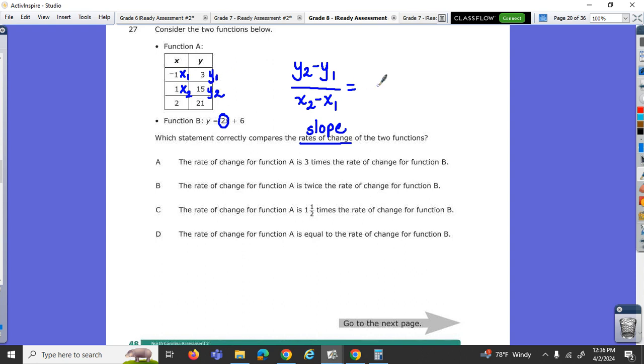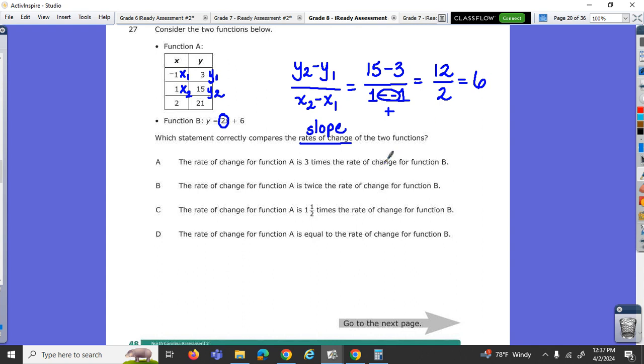So Y2, 15, minus Y1, 3, over X2, 1, minus X1, negative 1. All right, 15 minus 3 is 12. And 1 take away negative 1, same as 1 plus 1, right, which is 2. And that would be equal to 6.